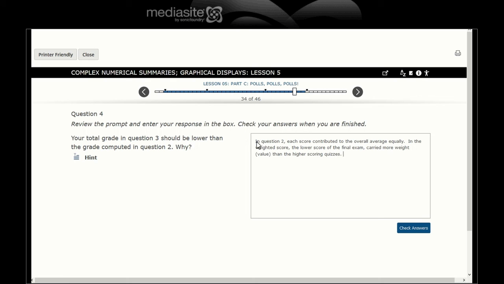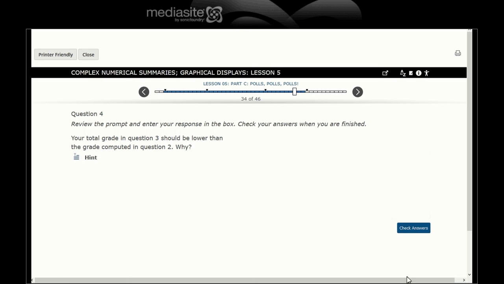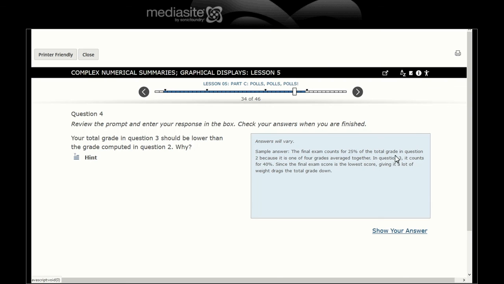What was that effect? So the final exam counted 25% of the total grade in question 2. They were all equally weighted. And in question 3 it accounted for 40%, which is more. So since it was a lower score, it basically dragged down the overall average.